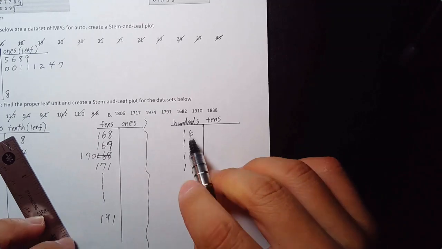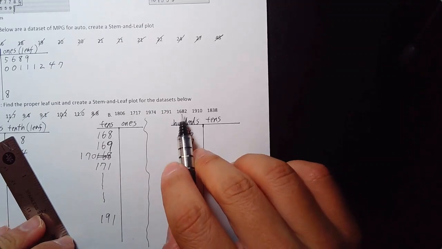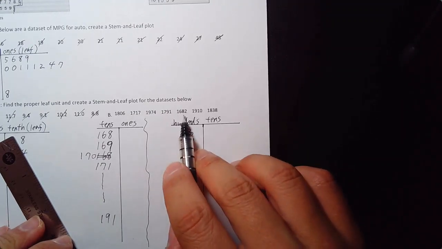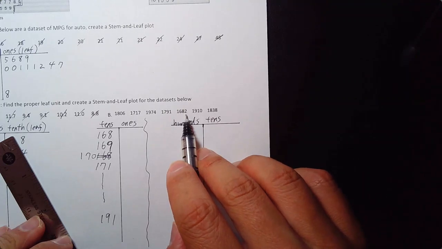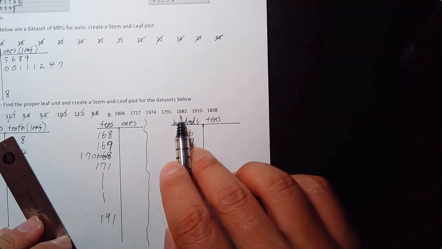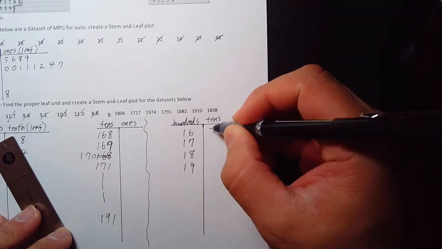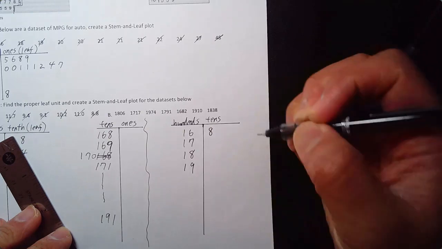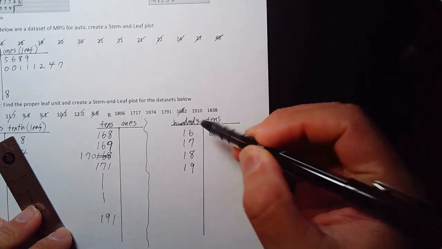Now I'm going to basically ignore the ones. In the 1600s I have a 16.8, so I have a 1680s, and cross that out. That's it.